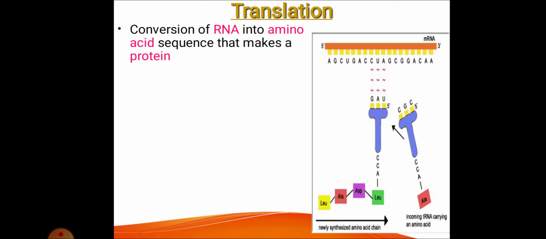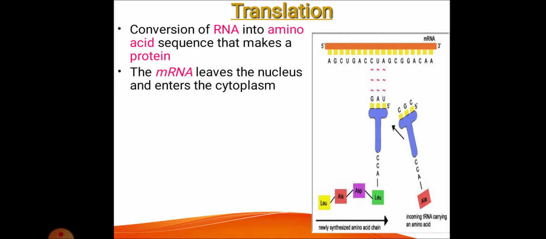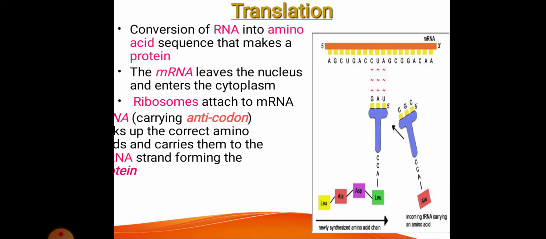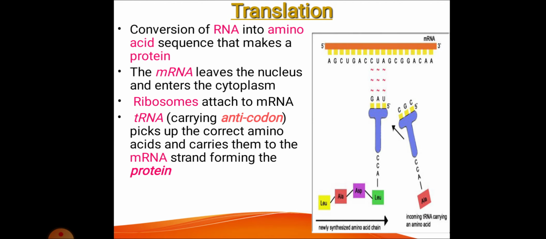Later on, we will talk about the difference of transcription and translation. Just wait for it. And the mRNA leaves the nucleus and enters the cytoplasm. The ribosomes attach to mRNA, and the tRNA, carrying anticodon, picks up the correct amino acids and carries them to the mRNA strand, forming the protein.